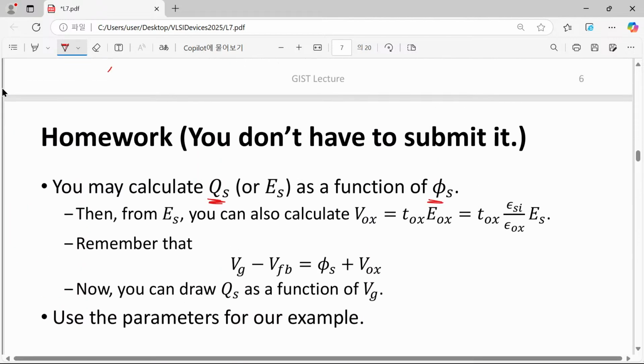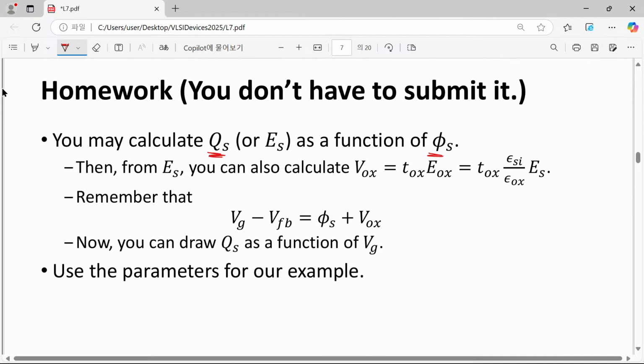That was the first question of our homework. So please just draw equation 2.182.